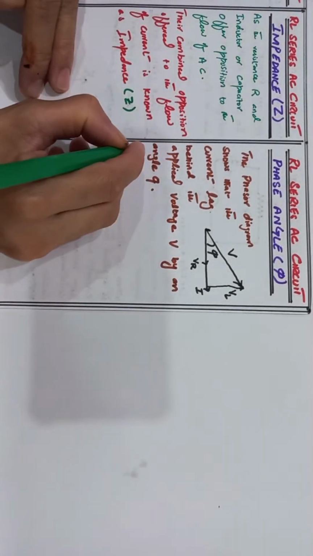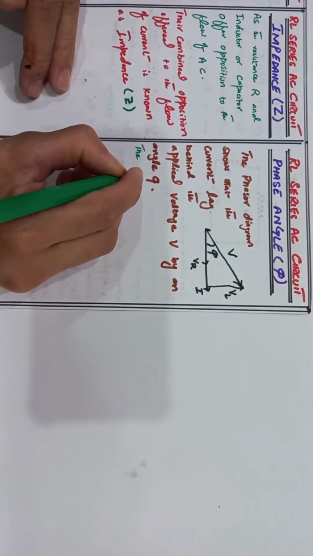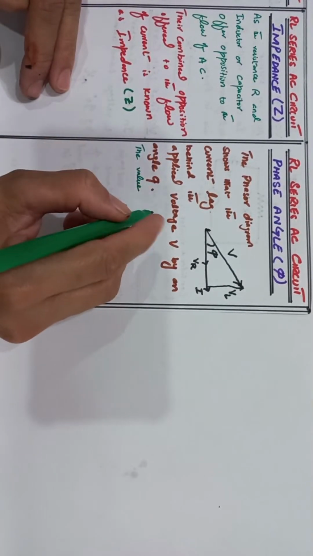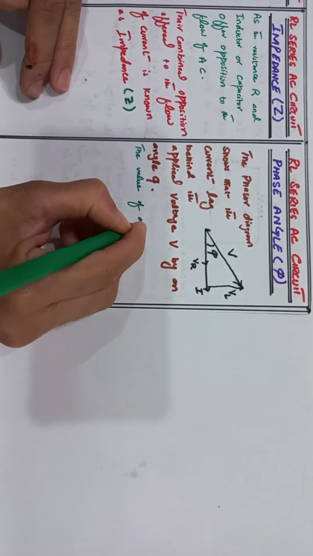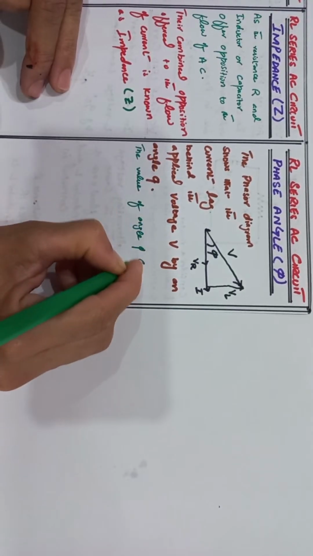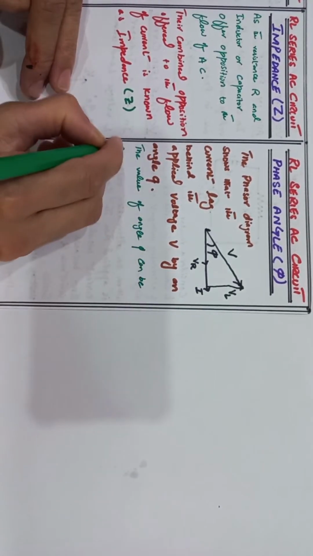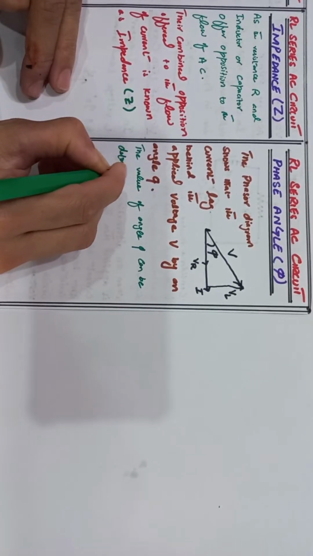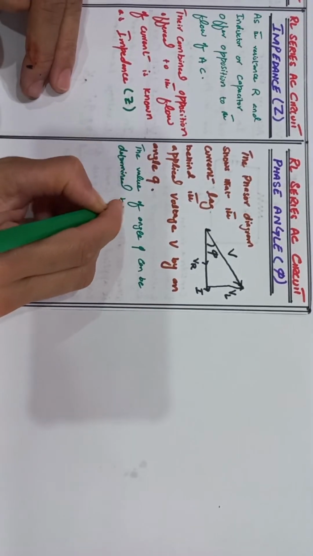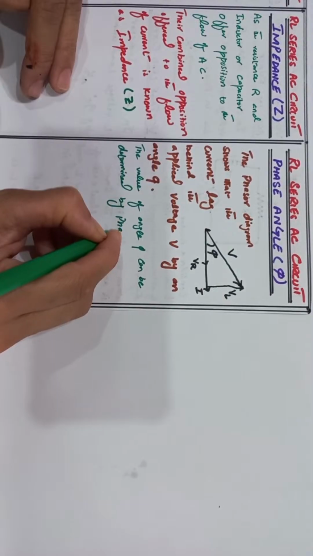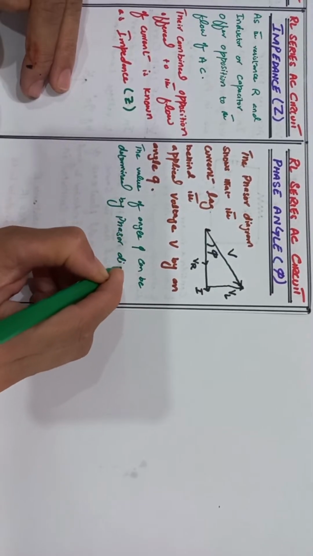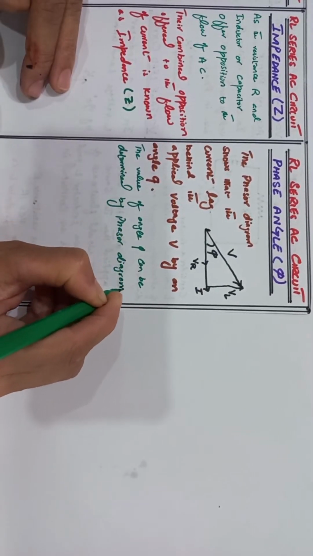The value of angle phi can be determined by the phasor diagram.